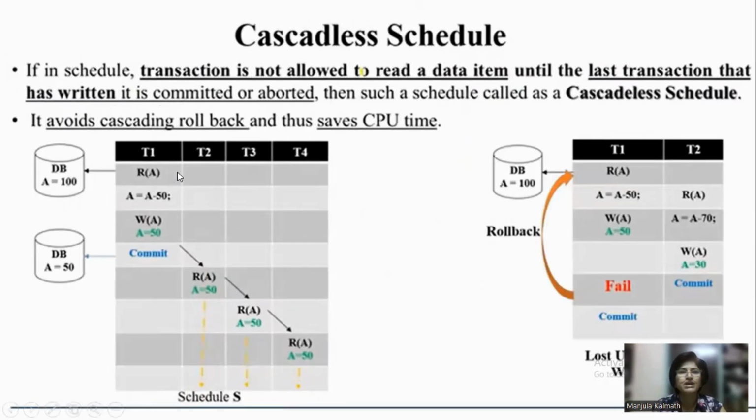That is called cascadeless. Look here, now here it is a commit. After committing, T2, T3 as well as T4 are reading. So there is no rollback problem at all. If it is rolled back here itself, it goes to the initial position, but these transactions were not reading the data value. This is cascadeless.